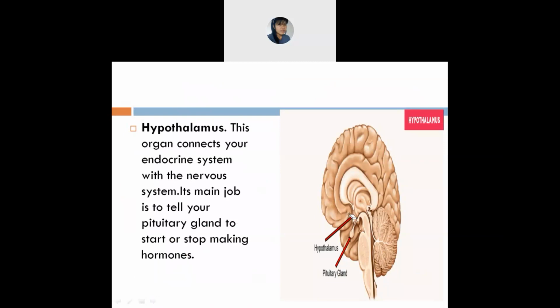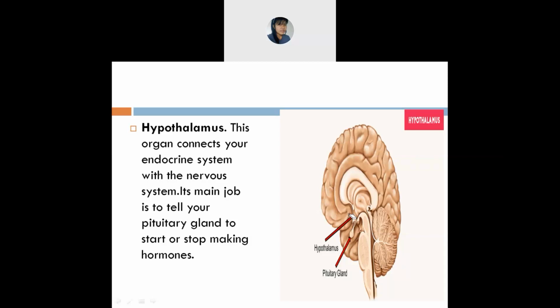Means what? The hypothalamus, they are like the master gland, you can say. And they go and instruct the other glands when to stop making hormones, whether it's too much or not, so that everything will remain balanced.